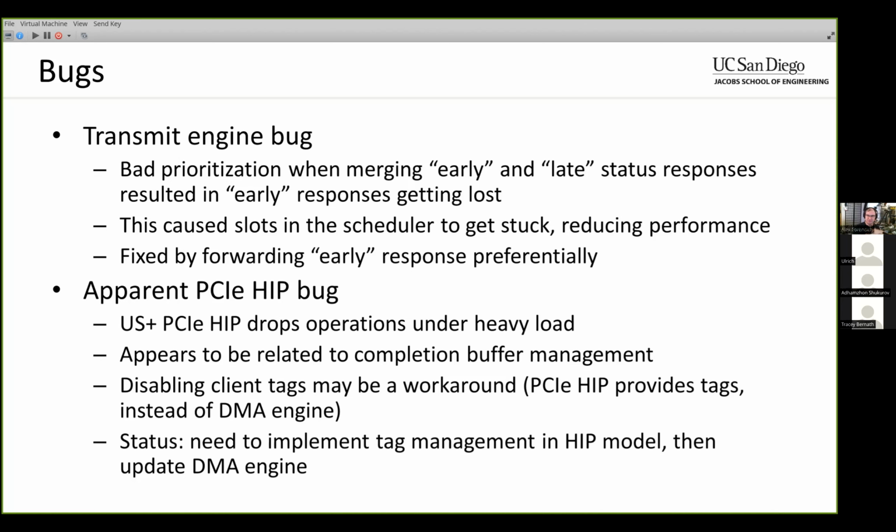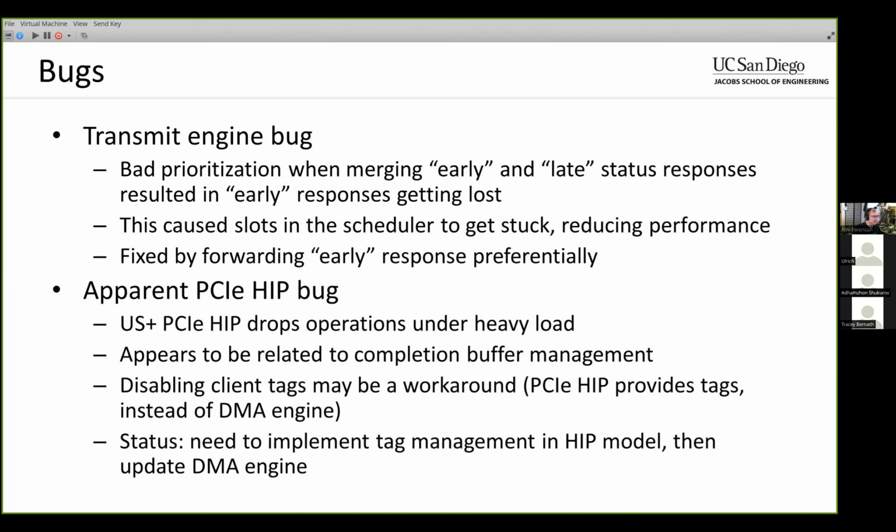So if we have some of those table entries stuck, then it can't issue as many operations and the performance is reduced. So I made a change in the transmit engine to fix that. I posted about that on the Zulip. So that's now fixed, and it's a pretty simple change to apply, or you can just pull down the latest code if you can do that.